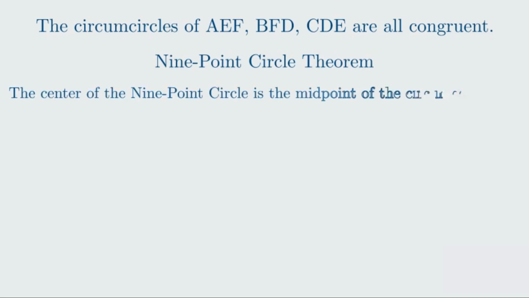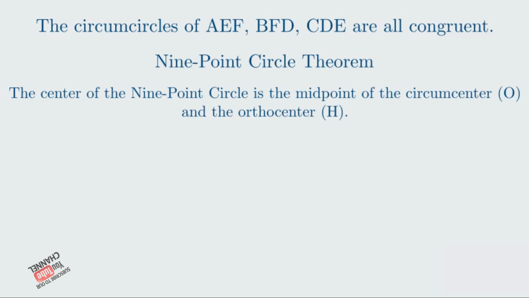Let's be clear, our three circles, AEF, BFD, and CDE, are not the 9-point circle. However, a key property of the 9-point circle is its center, which is the midpoint of the orthocenter, H, and the circumcenter O of the main triangle ABC. So the center of the DEF circumcircle is the midpoint of OH. It is the same circle that passes through the 9 special points.